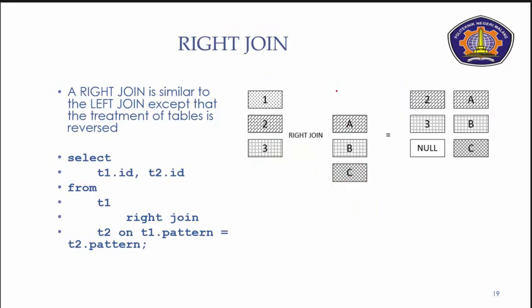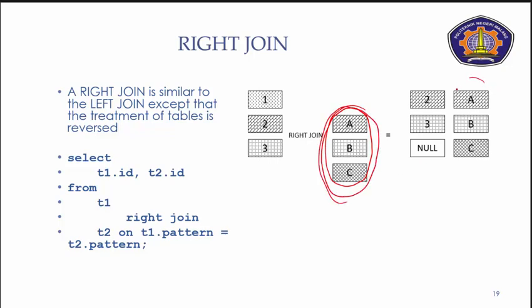And this is the right join. Right join is similar to left join except that the treatment of the tables is reversed. If the left join gives all the left table results here, in the right join all the results will be on the right side.